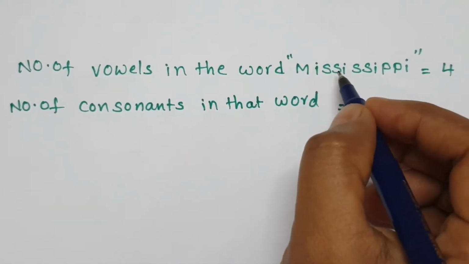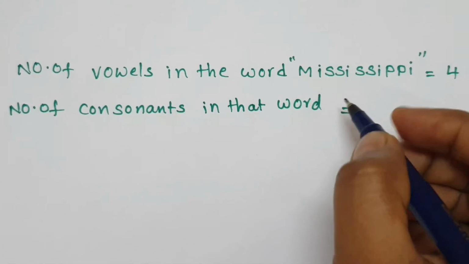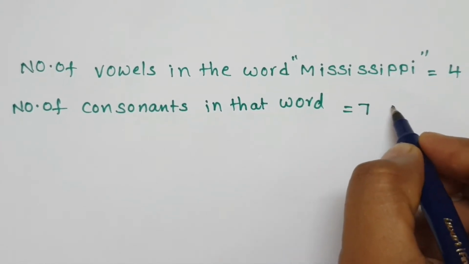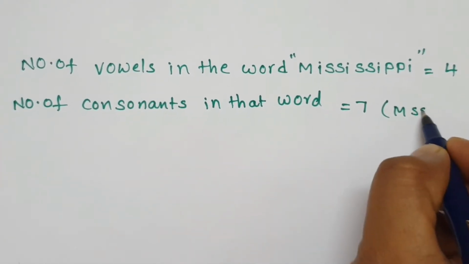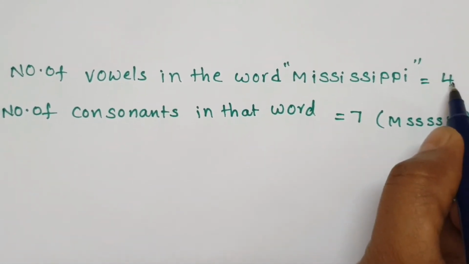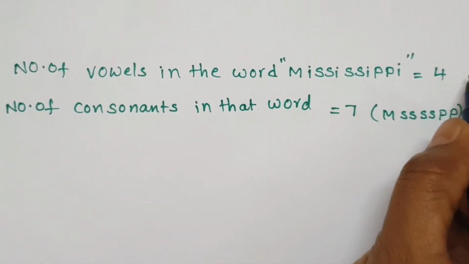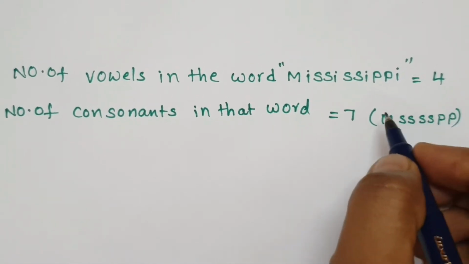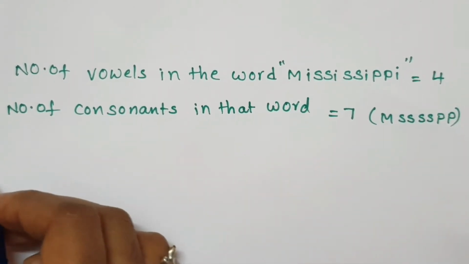So except the letter I, remaining all consonants, 7. So what are they? M, S, S, S, S, P, P. And here 4 letters are I, 4 times.